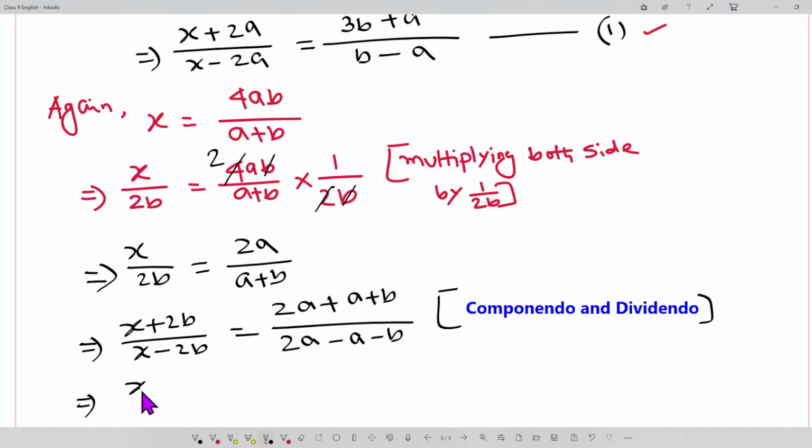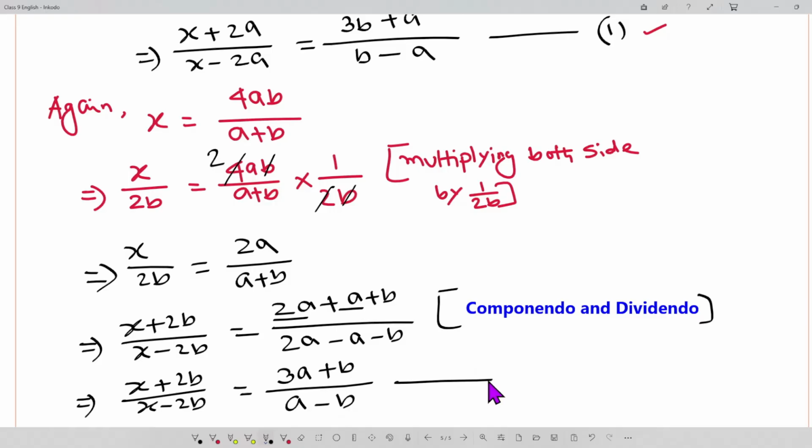Here x plus 2b divided by x minus 2b equals, here is 2a plus a, it will be 3a, right, and plus b. Next, here is 2a minus a, it means a, and here is minus b. We can consider this one as equation 2.